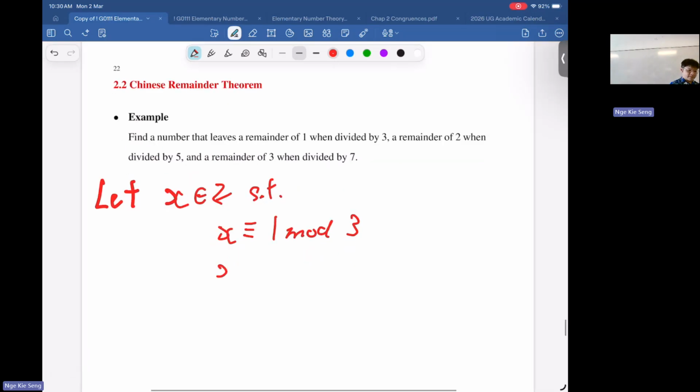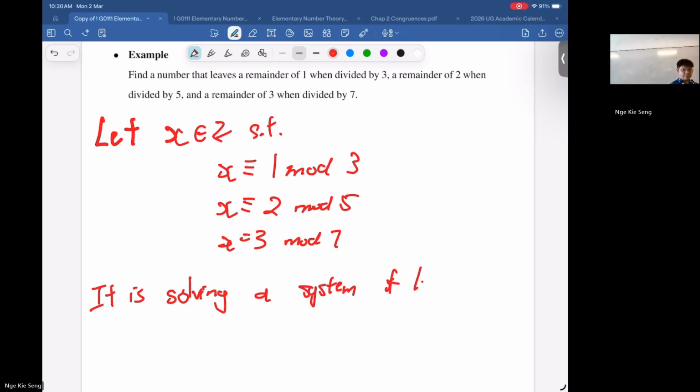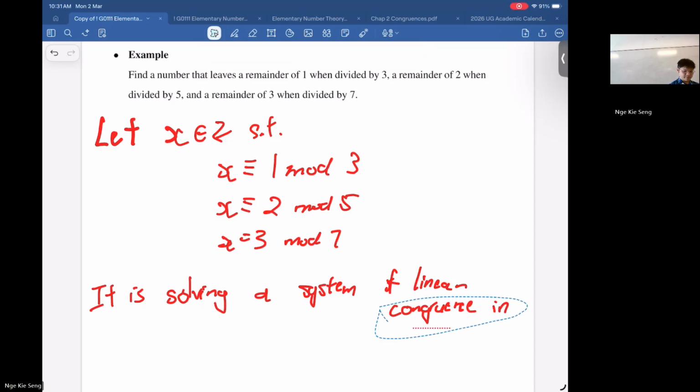If I translate this into mathematical syntax, this is actually solving a system of linear congruences. Previously you learned solving one linear congruence. Now we want to solve multiple of them together, in one variable.